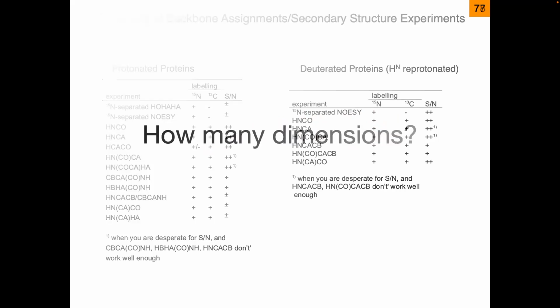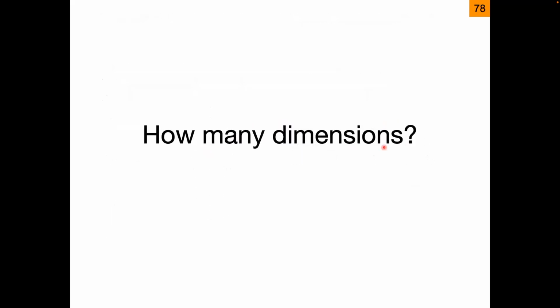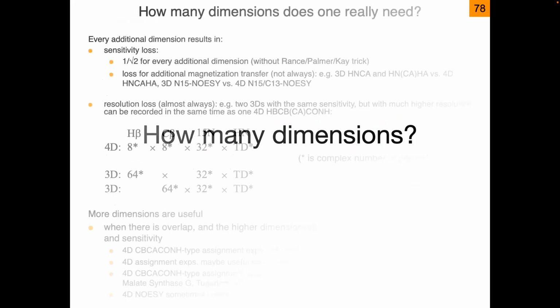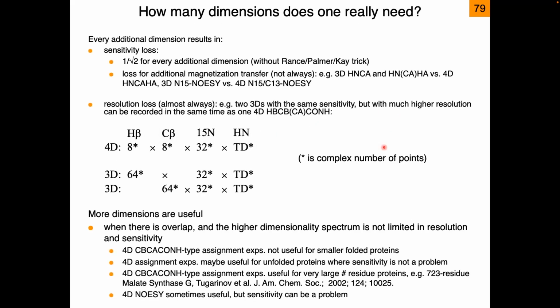Now, another small remark about how many dimensions you want to acquire. This is actually about the CBCA-CONH experiment, because one could do the CBCA-CONH experiment in a 4-dimensional way, where you detect the beta proton, beta carbon, the NH of the next amino acid, so in 4 dimensions.